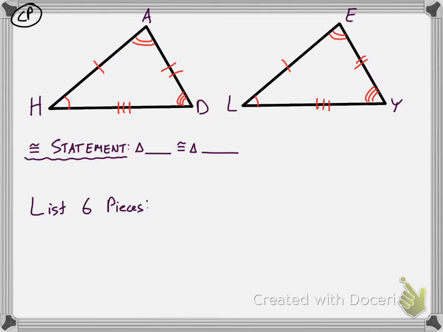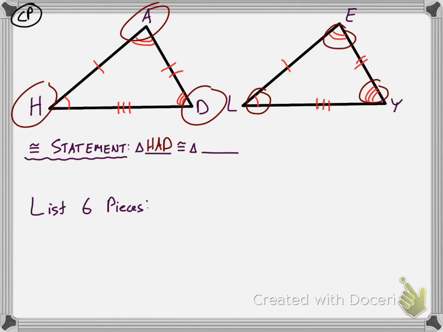The congruent statement is a good way to organize our information. So I'm going to start out with HAD. That has an angle mark of 1, 2, and 3 in that order. So we need to repeat that for our second triangle. That would be L, E, and Y would be the correct match there.